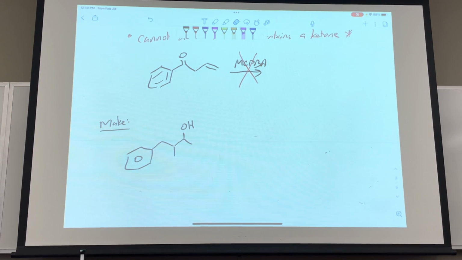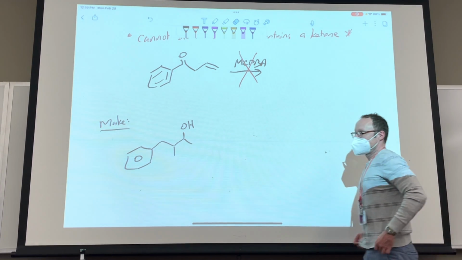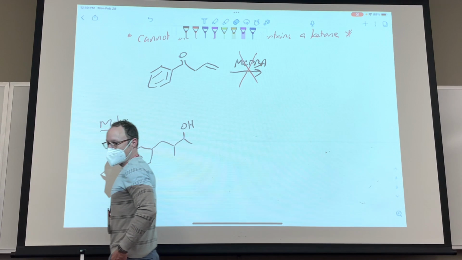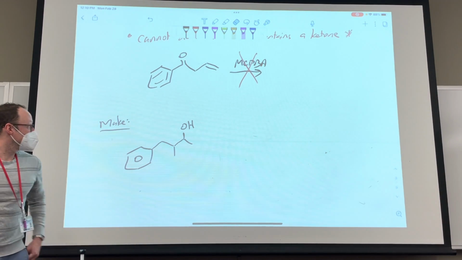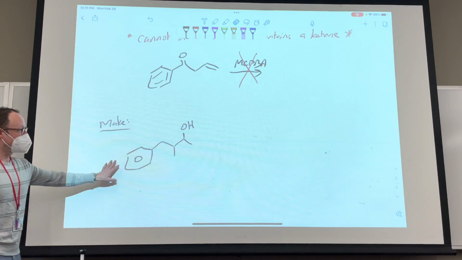If I asked you to do that on a synthesis homework, I'm sure you could do it, maybe doing some Friedel-Crafts, maybe some Grignard. It'd probably take you quite a few steps, but I'm sure you could figure out a way to do it.